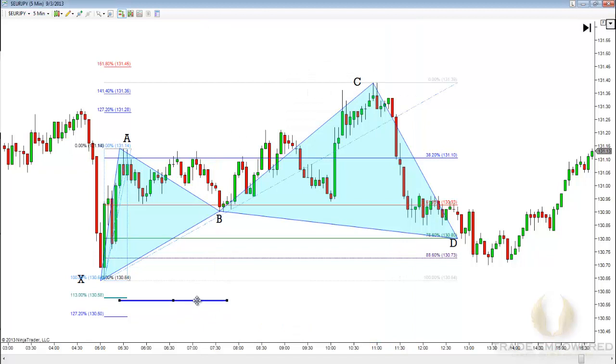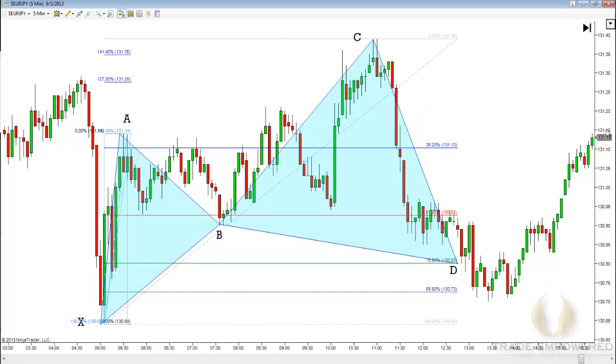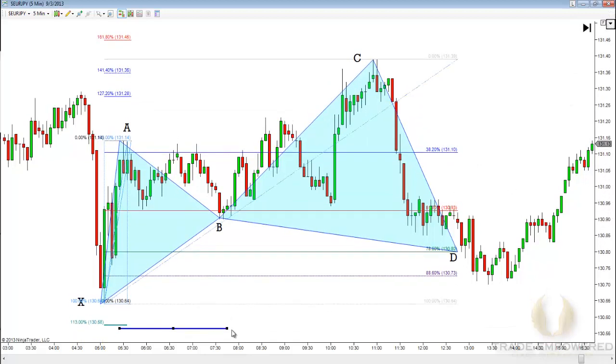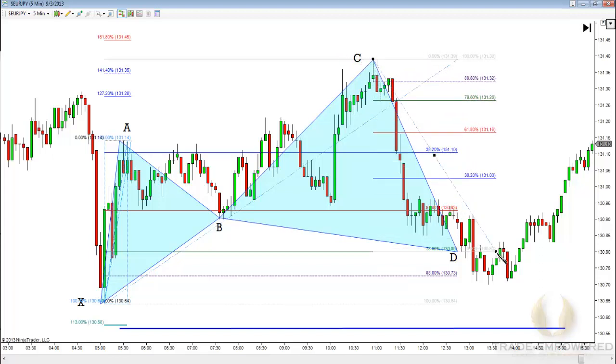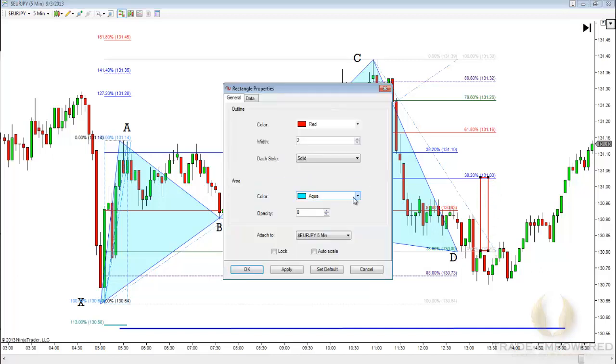Right up here. We can then take our Fibonacci retracement from our C leg to our D leg. And initially, as we enter the trade right here at our 786, our potential profit is going to look like this.